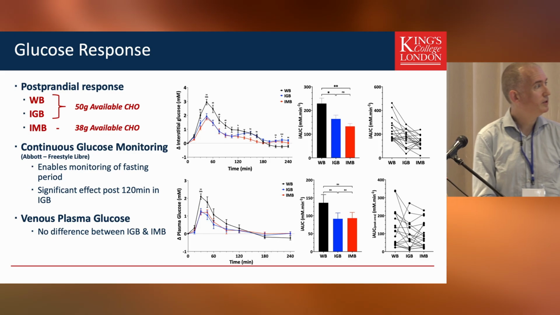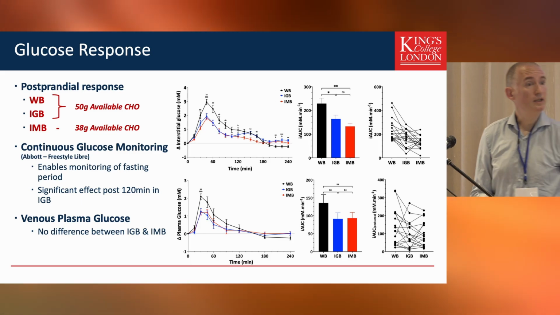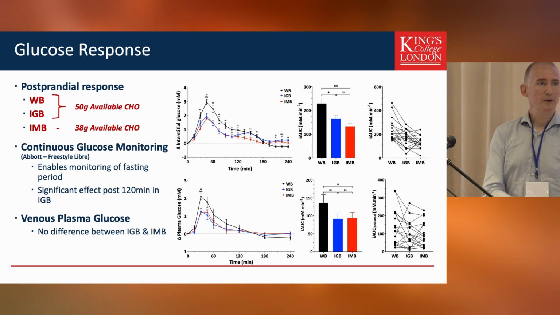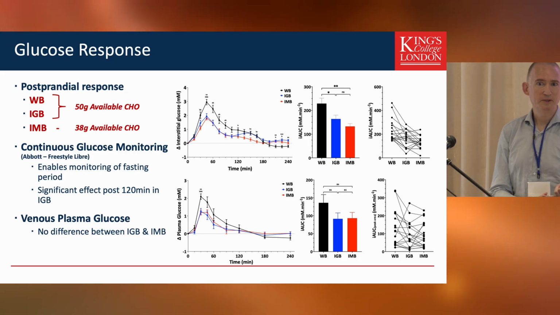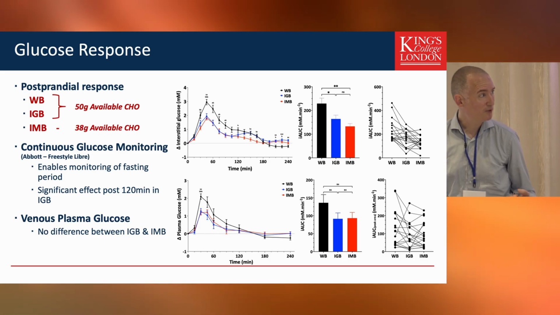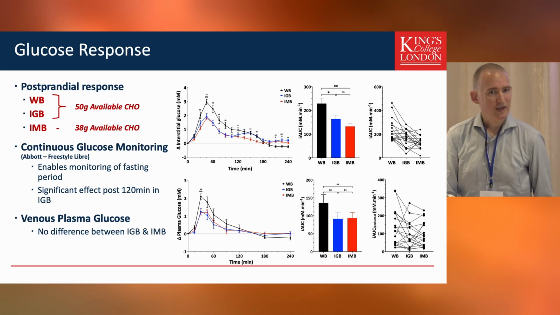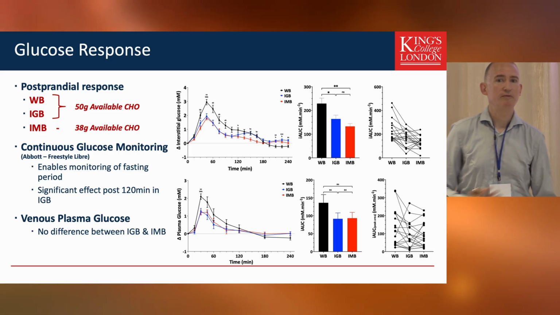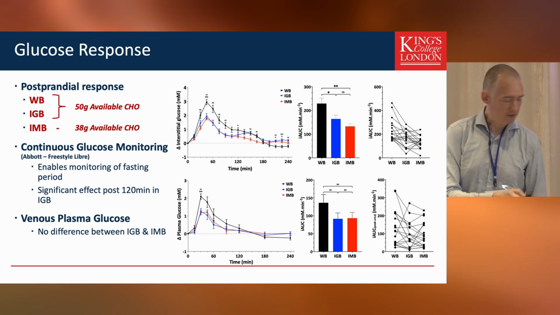All the participants were given Abbott Freestyle Libre continuous glucose monitors. This is a good way of telling whether participants actually fasted before they came in, because we could measure beforehand. And second, it's a slightly different measure as you're measuring interstitial fluid rather than venous blood.